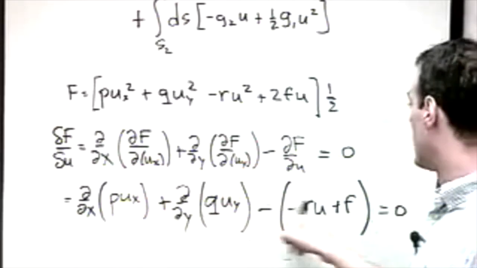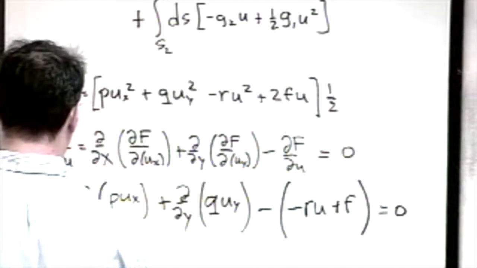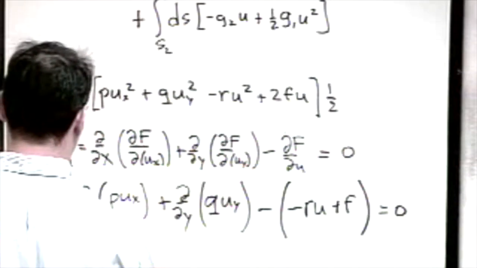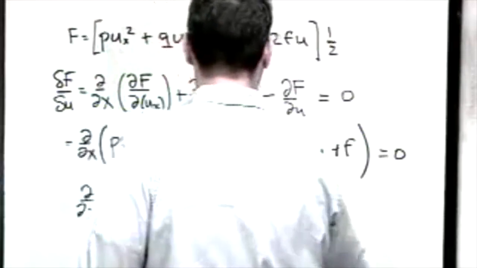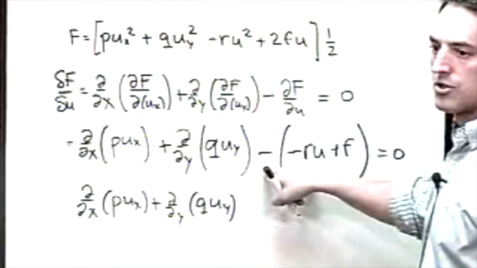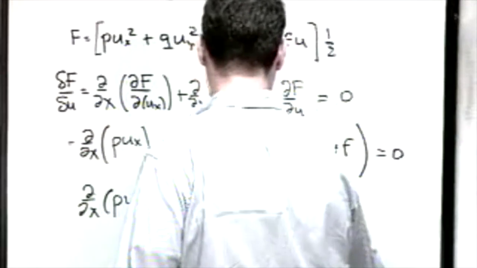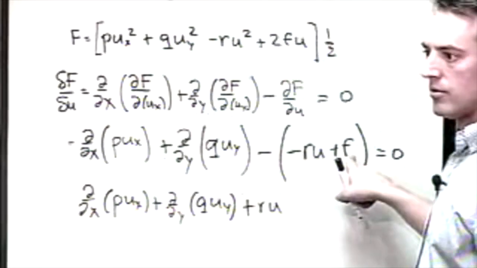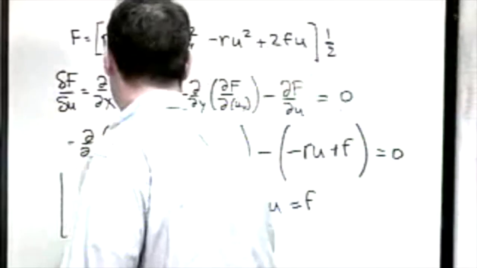So let's write it out. So then you get d dx pux plus d dy quy. Then here becomes minus minus, which becomes plus ru. And then you have minus f, which I take to the other side, becomes f.